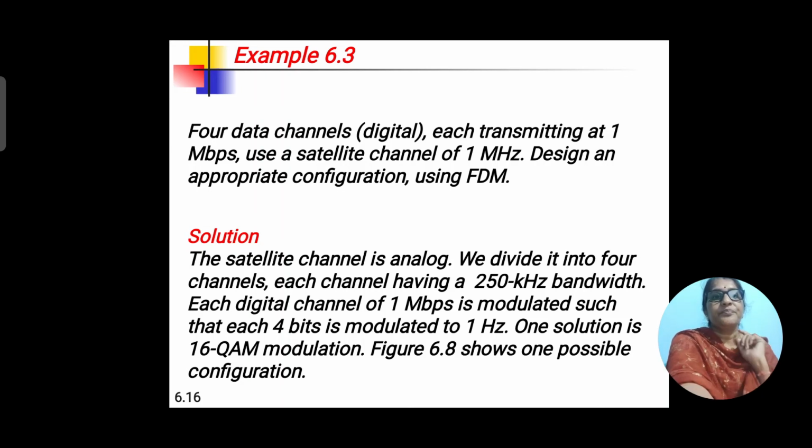We divide it into 4 channels, each having a 250 kilohertz bandwidth. Each digital channel of 1 megabit per second is modulated such that each 4 bits are modulated to 1 hertz. One solution is 16 QAM modulation. Figure 6.8 shows one possible configuration.